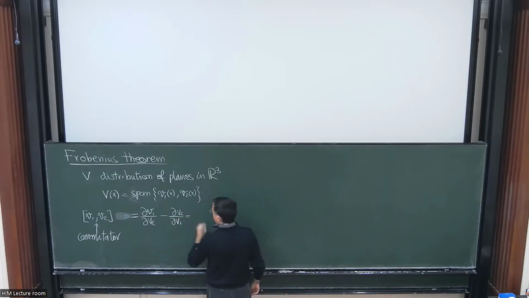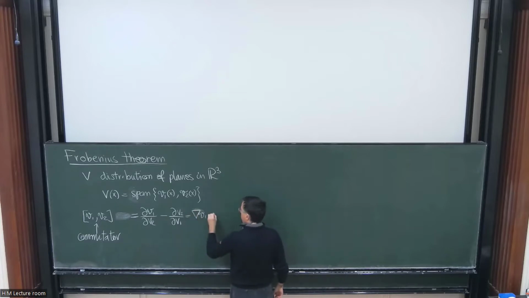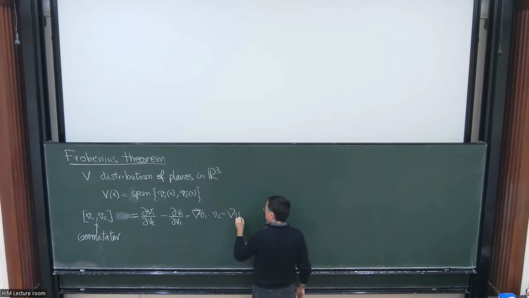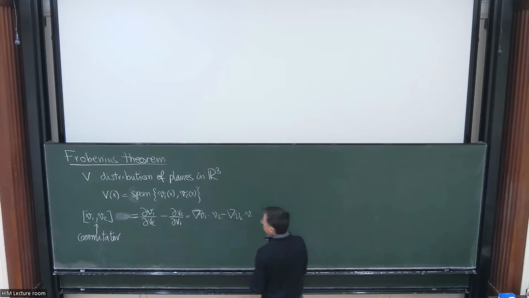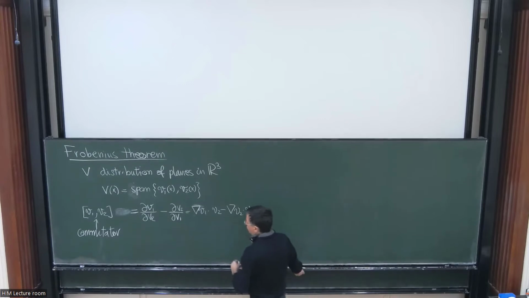If you prefer, you could write it like this. You take the gradient of the first vector field, which is a matrix, you apply to the second vector field, and similar for the other term. Okay, this is the commutator.